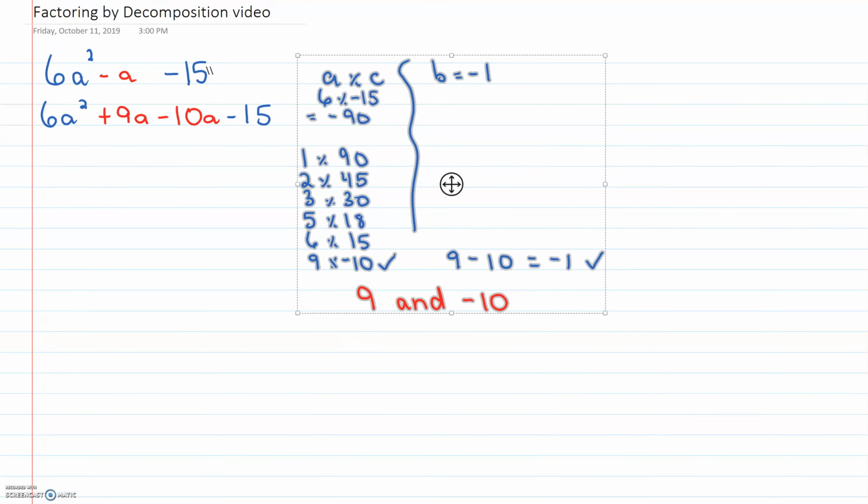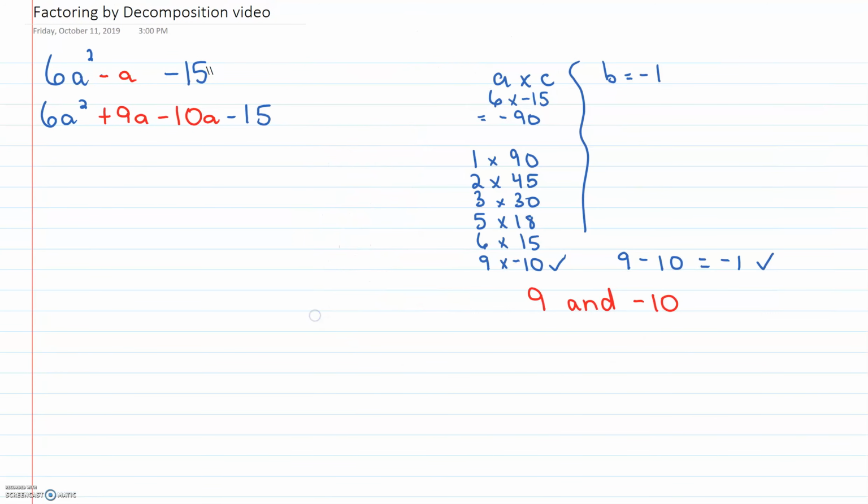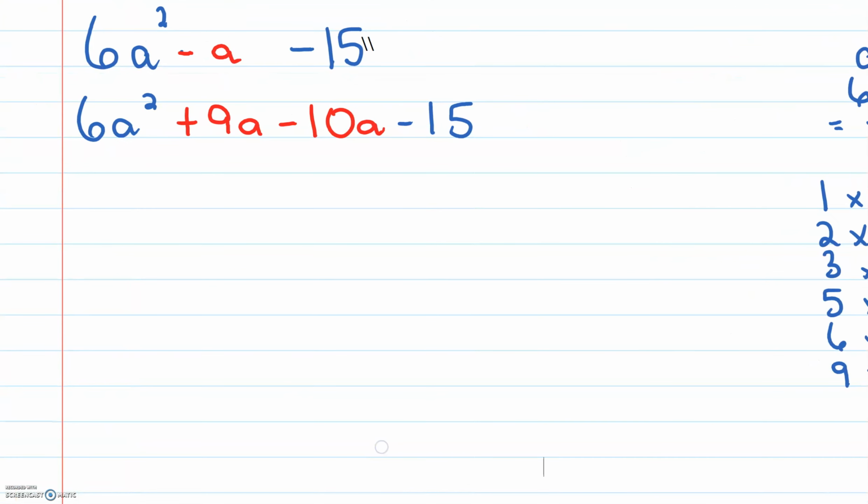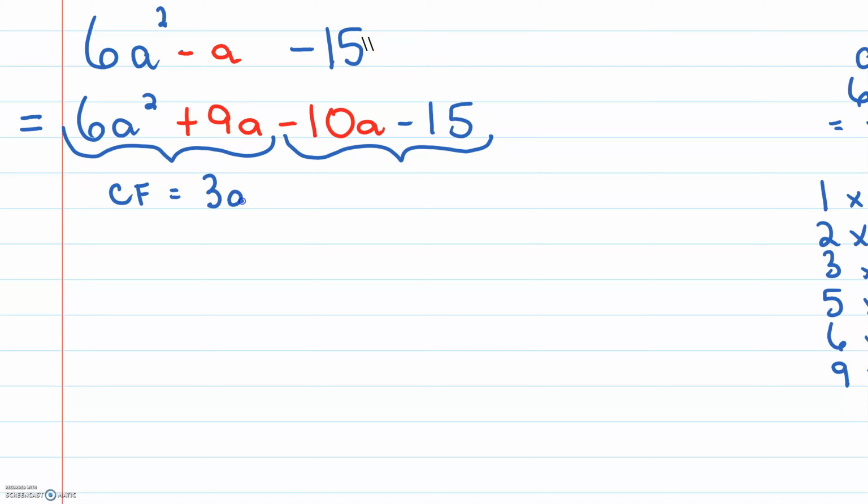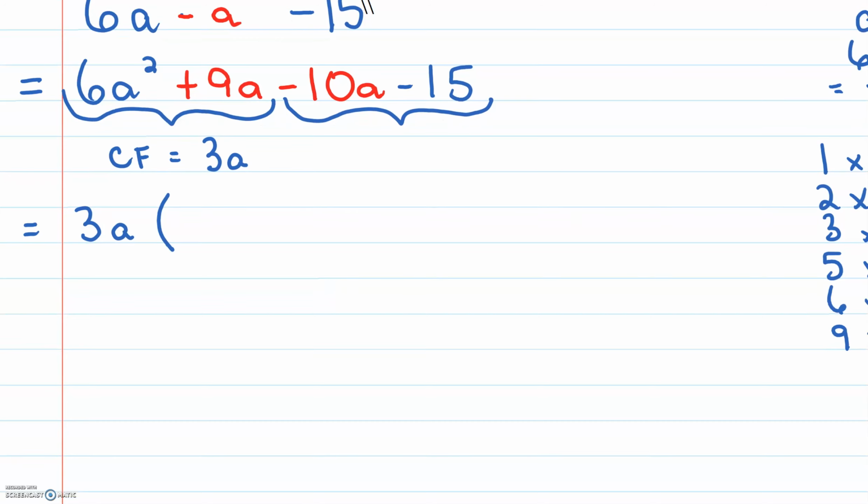Now we're not quite done yet. We're going to start the method of decomposition, or step 2, which is finding the common factor for the first two terms and finding the common factor for the last two terms. Don't forget your equal signs in here to show that this line is equal to the line above. If I find the common factor for the first two terms, it's 3a. So if I take out the 3a and put the common factor in the front, you can do this either way.